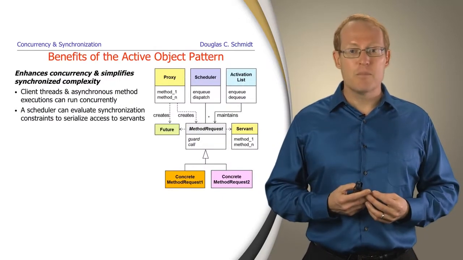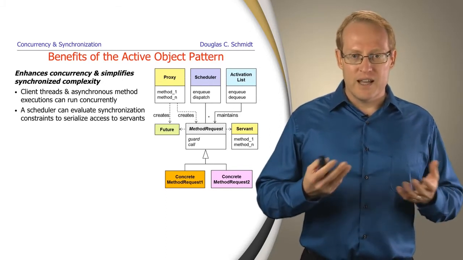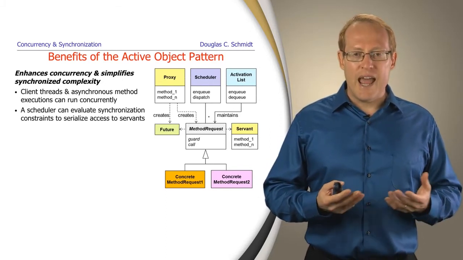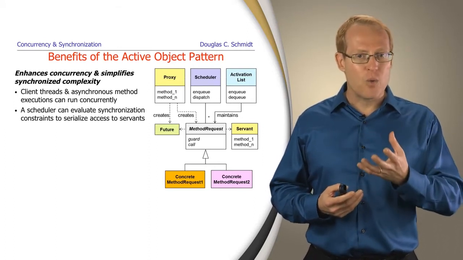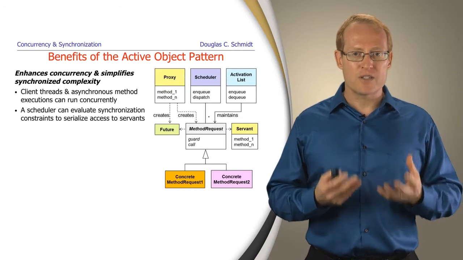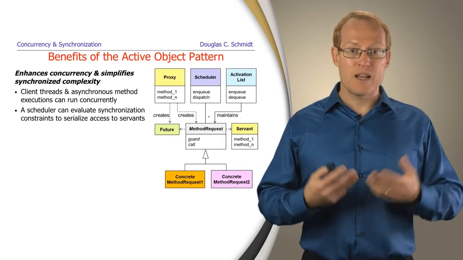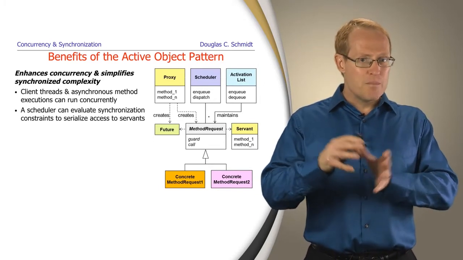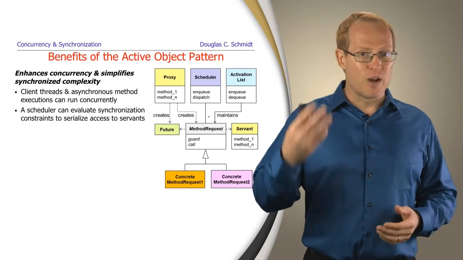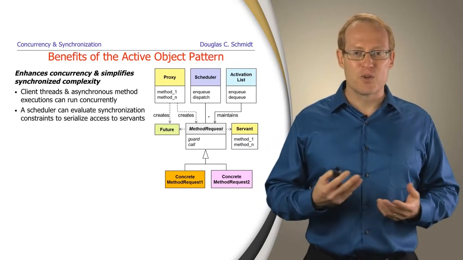So let's talk about some of the benefits and limitations of this pattern. Some of the benefits are you can actually use concurrency and simplify synchronization complexity by treating method requests as the unit of concurrent execution. So this is a fairly intuitive thing for an object-oriented developer to make a method call on an object, and the fact that those methods turn into these messages or method requests and are run concurrently, that's kind of icing on the cake to be able to get things to run better.